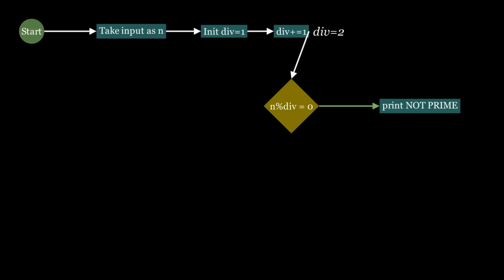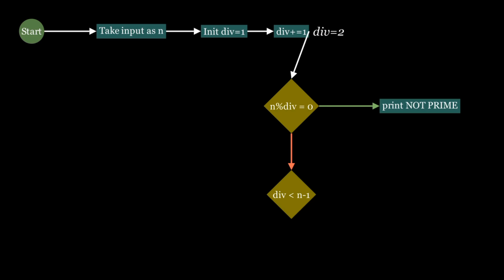And now we have our next divisor. This loop goes on. But we need to set limit for the divisor as well. That is, it must not exceed n minus 1. So after the condition of remainder is false, we assert one more condition. Is div less than n minus 1?